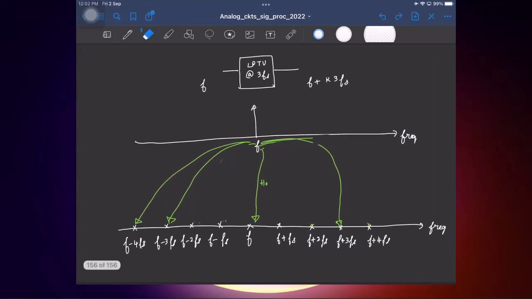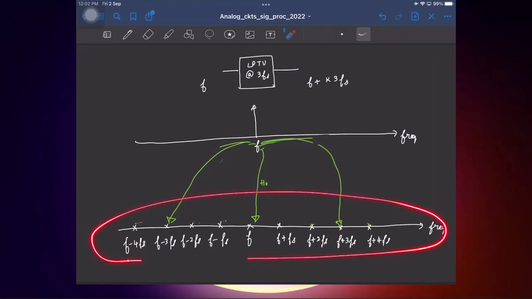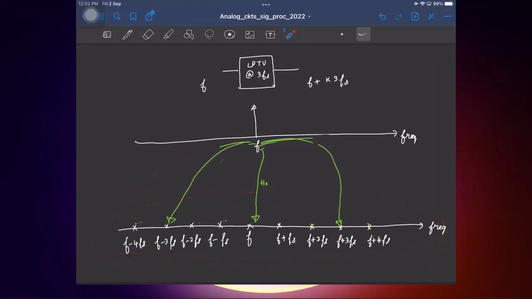And please remember, even the inverse is valid. That is, if these many frequencies are the input, they can also translate to a frequency F at the output, right? So it goes either way. Now we can clearly see the number of frequency translations that is happening has reduced by a factor of 3.